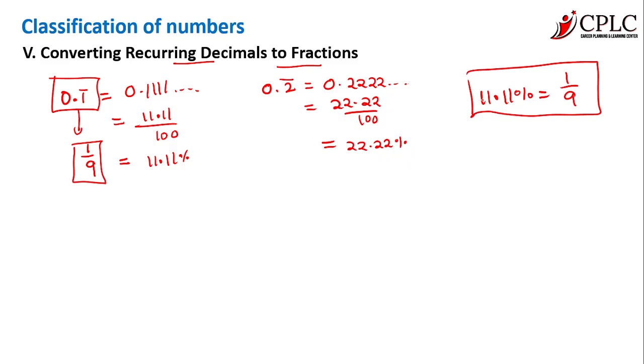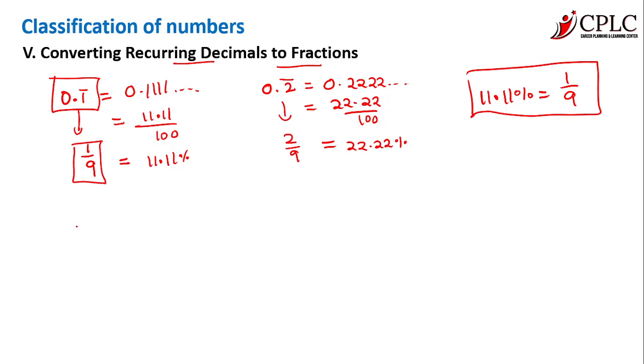Now again think about this. 11.11% is 1 by 9. So 22.22% is double of that. So the percentage is doubling, the fraction should also double, and double of 1 by 9 is 2 by 9. So that is your answer for 0.2 bar, which is 2 upon 9 in terms of a fraction.